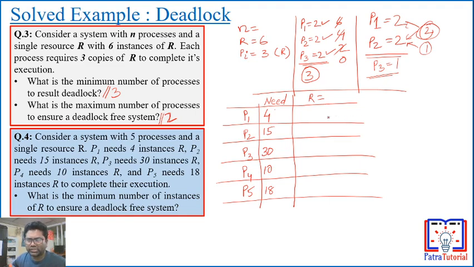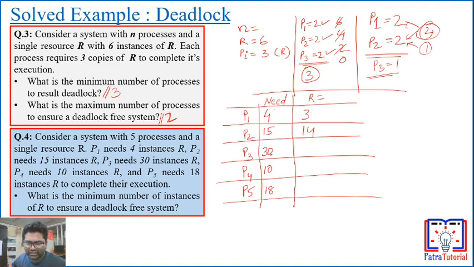So let me allocate, as I said earlier in the previous problem, the number of instances one less than the maximum requirement. P1 needs 4 instances to complete its execution, so let me allocate 3 here, and one is pending. Similarly for P2 I will allocate 14, and it needs one more to complete its execution.